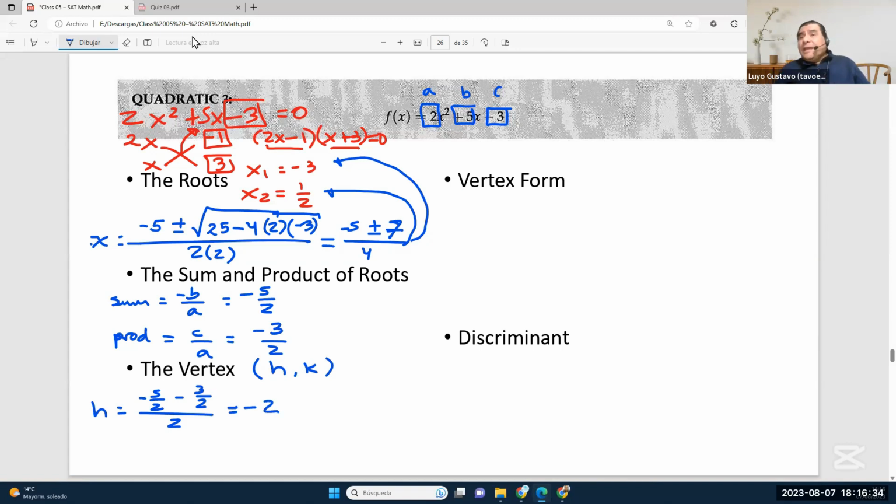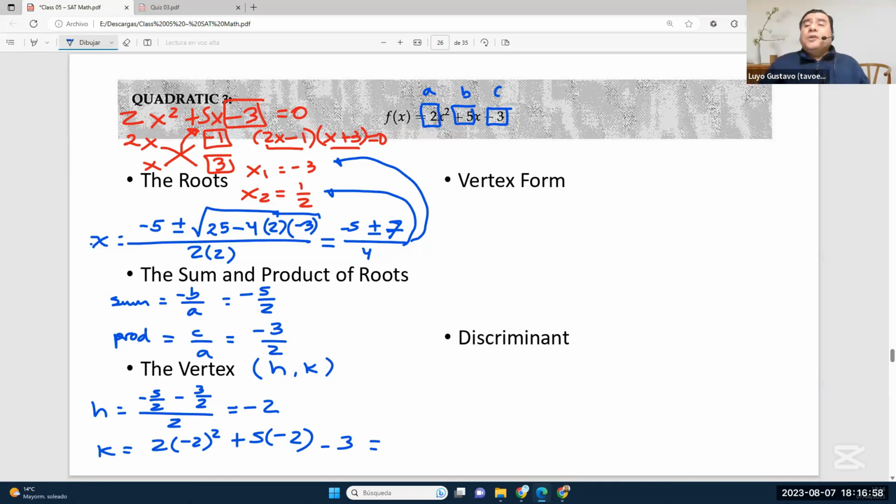What is k? K is what results from substituting negative 2 in the equation of the quadratic equation. So 2 times negative 2 squared plus 5 times negative 2 minus 3. What does it exactly yield?